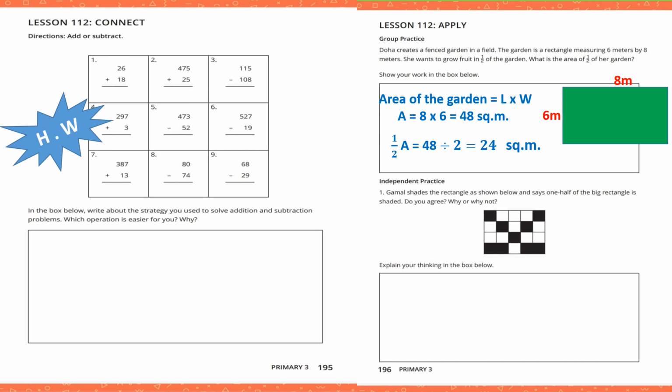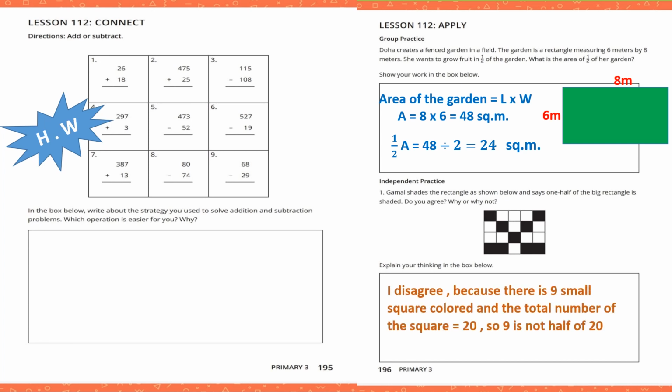Example number 2. Gamal shades the rectangle as shown below and says 1/2 of the big rectangle is shaded. Do you agree or not agree with him? Okay, this is my shape and I will count how many colored parts and how many uncolored parts. If they are the same, it will be 1/2.